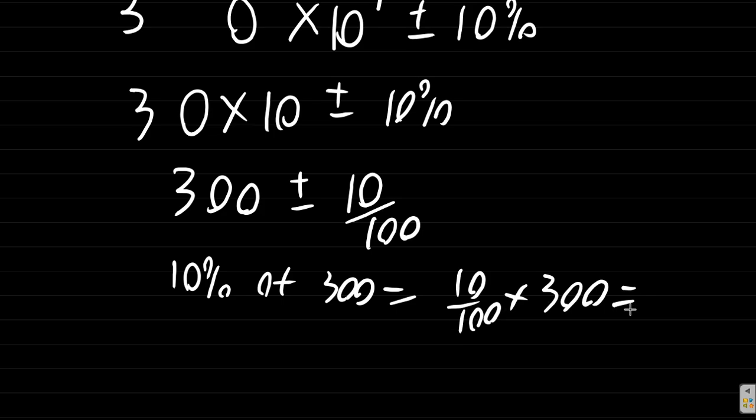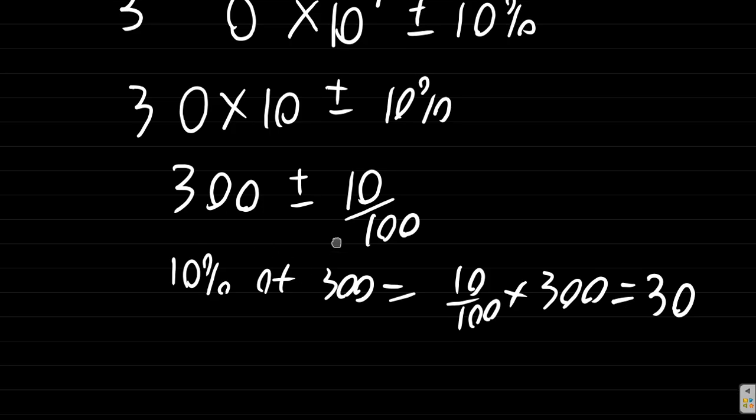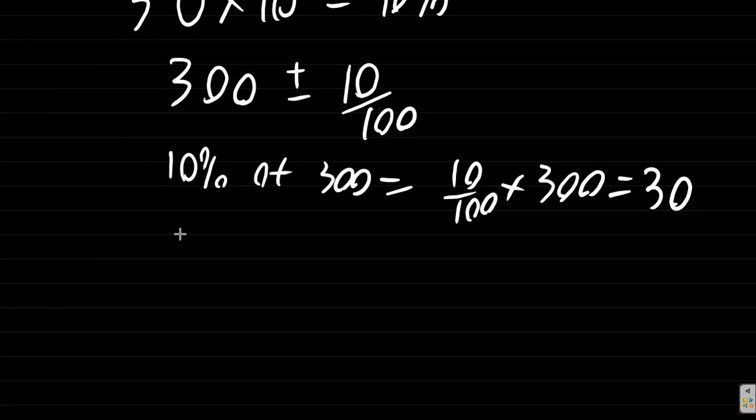And what is that number? 10% of 300 is 30. So what you are talking about here is 300 plus or minus 30.